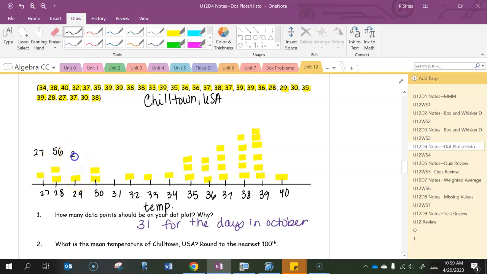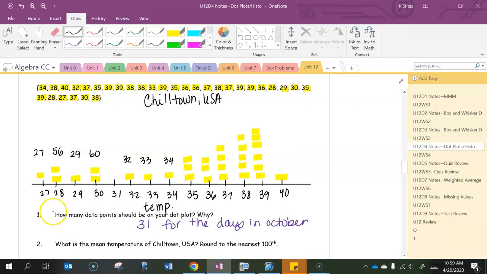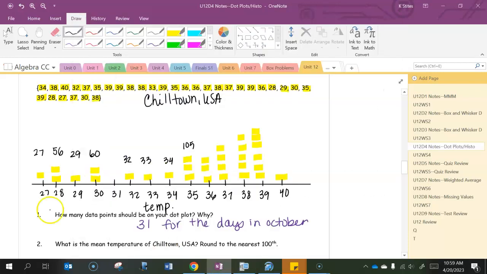There's 1 times 29 is 29. 30 times 2 is 60. This is just a 32, a 33, a 34. There are 3 of the 35s. 105. And here's the thing, whether you type all these in or you type in these sums, it's still time consuming. So just go with whatever's easier for you.